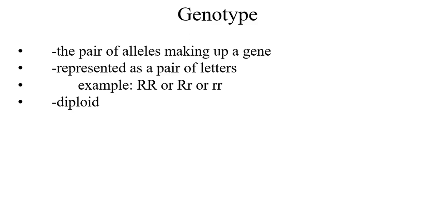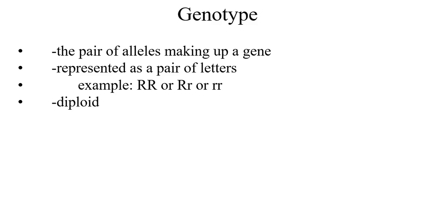So a person could have on the two homologous chromosomes the allele for dark hair on both of those, which would be represented as big R and big R. Person could have the allele for dark hair on one chromosome and the allele for red hair on the other chromosome, which would be represented as big R and little r.